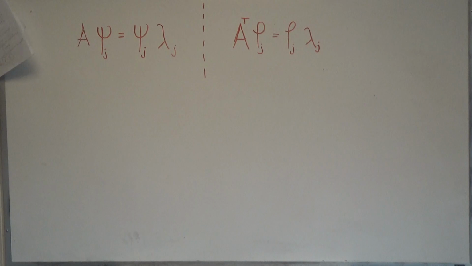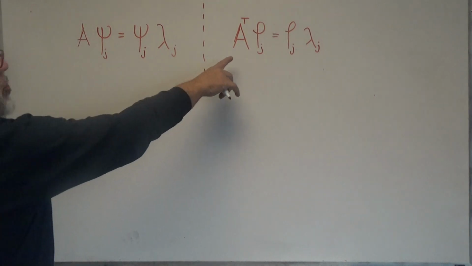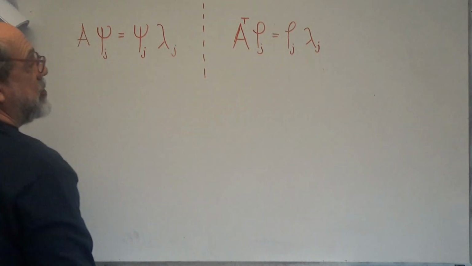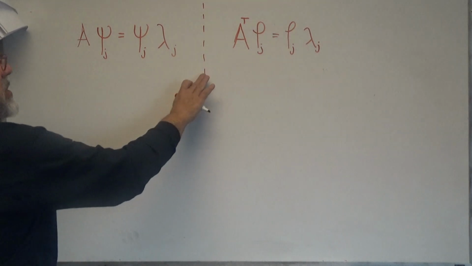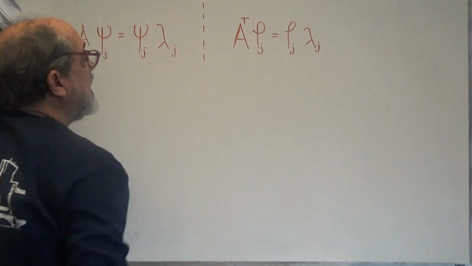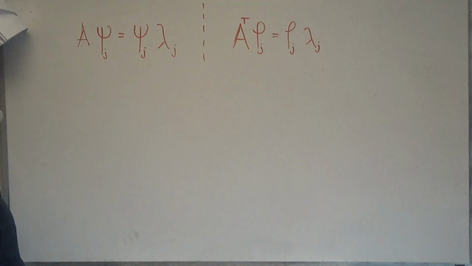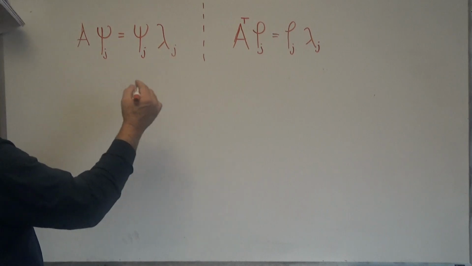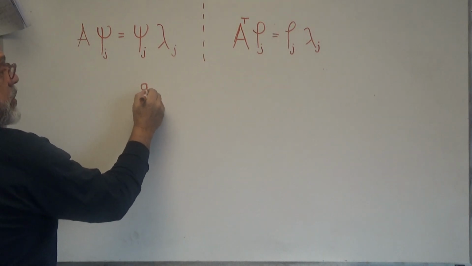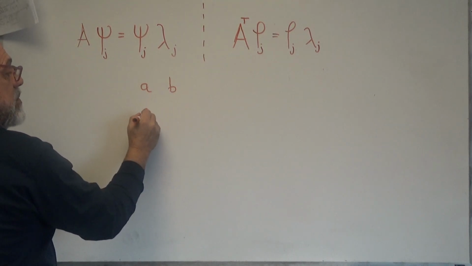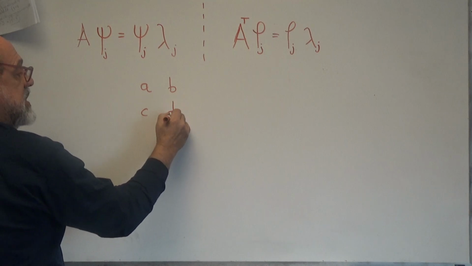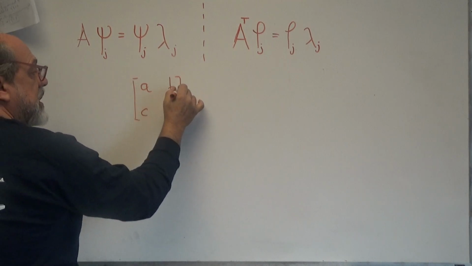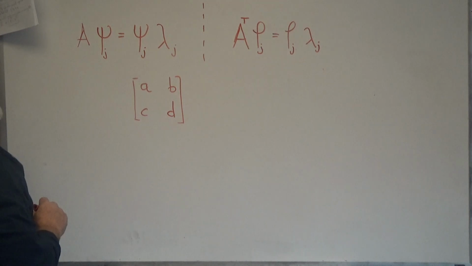Now, why do we know that transposition does not change the eigenvalues? Well, because the characteristic polynomial of a matrix is invariant with respect to transposition of the matrix. To illustrate that, in case you are not completely clear on it, imagine that you have the matrix A, B, C, D, and you were interested in computing its eigenvalues, right?